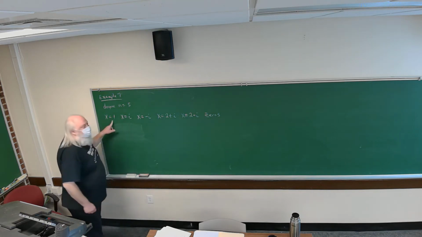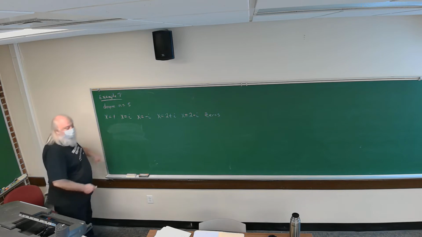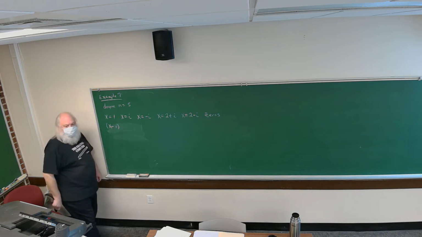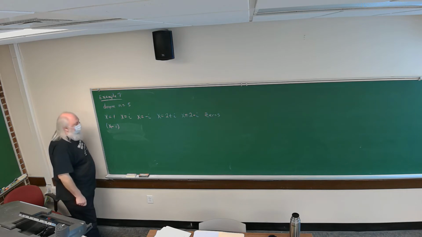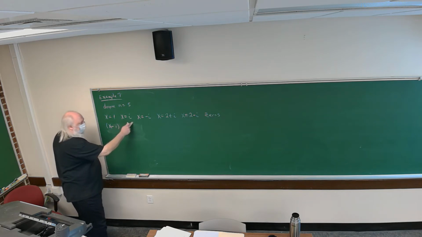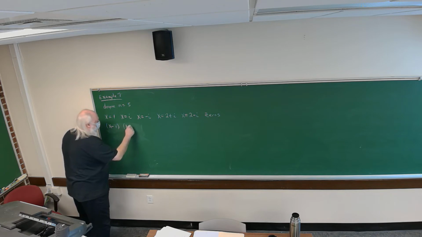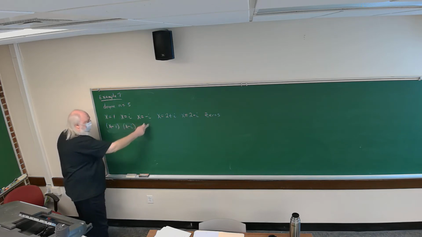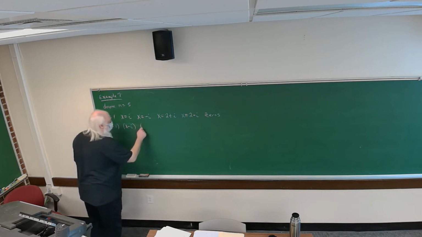So if x equals 1 is a zero of the polynomial function, then x minus 1 is a factor of the polynomial function. Similarly, x equals i is a zero, so x minus i is a factor. x equals minus i is a zero, so x plus i is a factor.